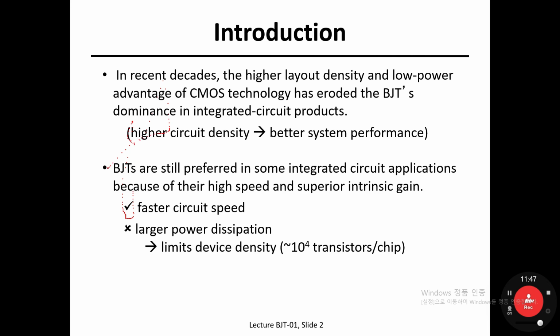Anyhow, you can see my cursor: because of their high speed and superior intrinsic gain. In terms of speed and gain, a BJT-based amplifier can give us much higher gain compared against a MOSFET-based amplifier. So in designing an amplifier, BJT should be the better option if you would like to increase the gain.